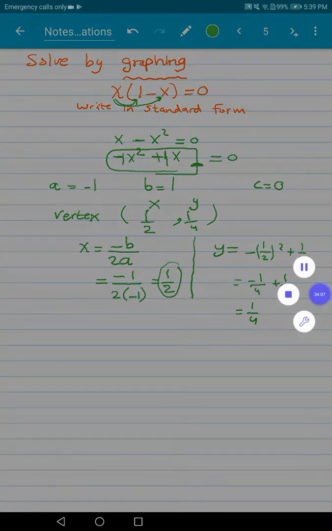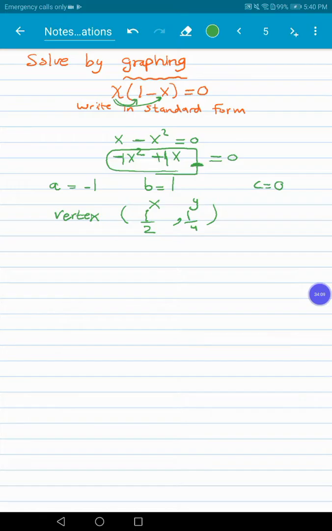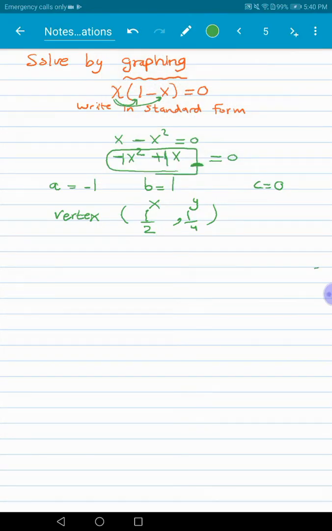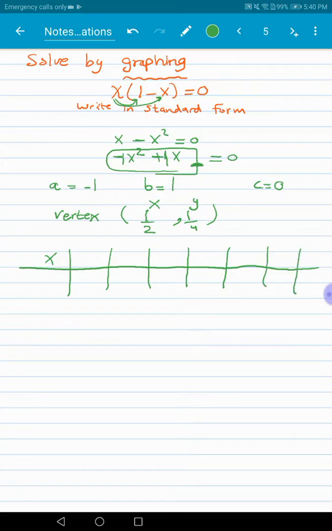Now, after we found the vertex, we need to make a table of values for some values of x and some values of y. X, the vertex in the middle, and 3 numbers above it. Half in the middle, and the y is quarter, of course.